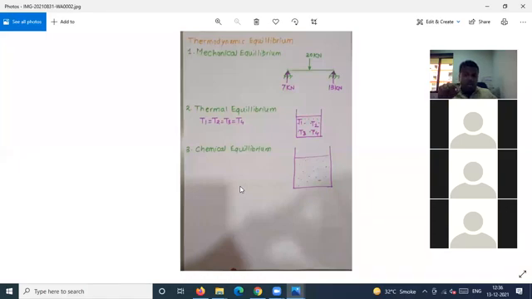That is possible only when there is no chemical reaction. If there is no chemical reaction, you will get the same chemical composition at any point, and in that case the system is in chemical equilibrium.